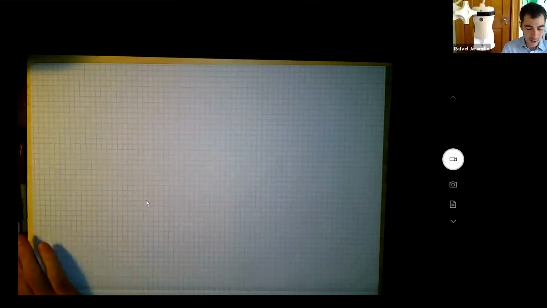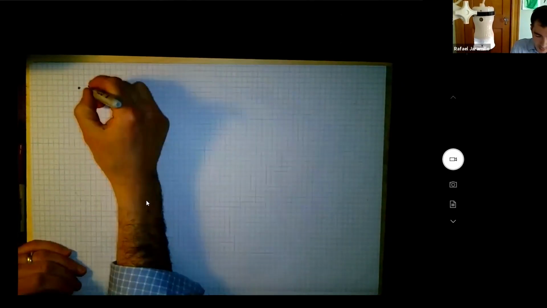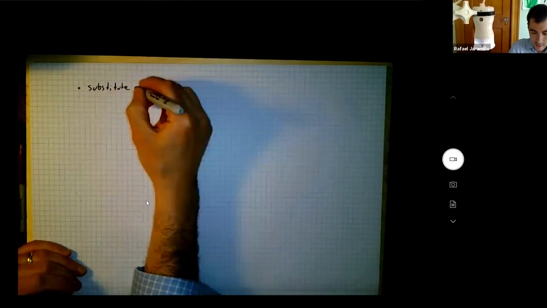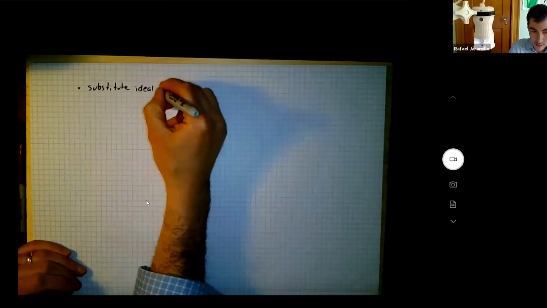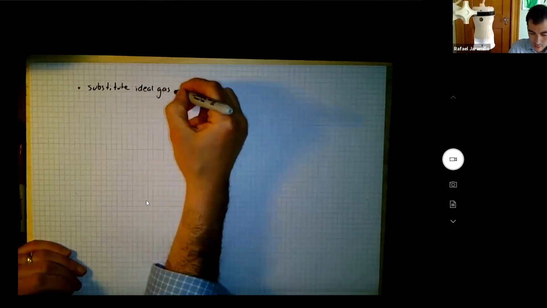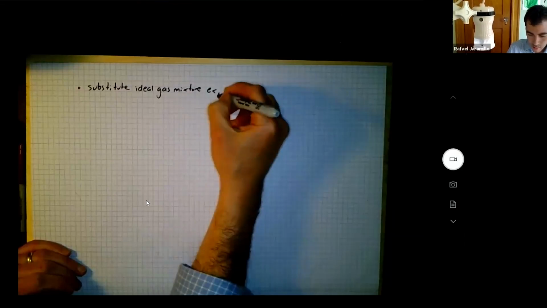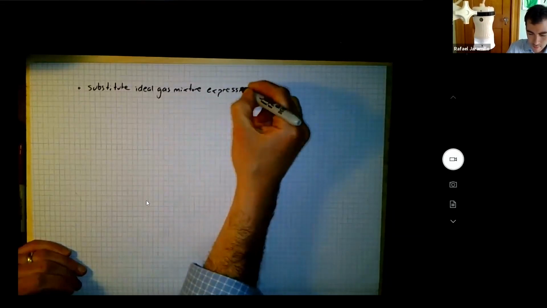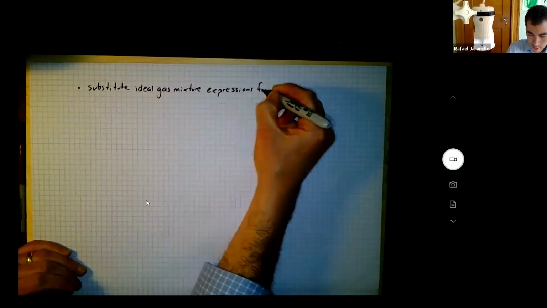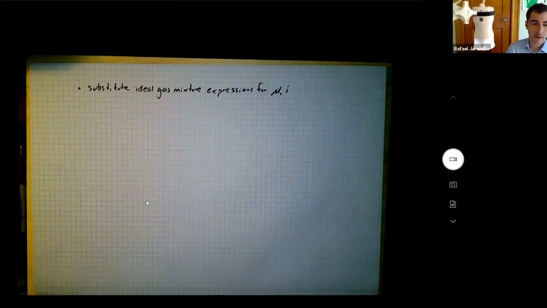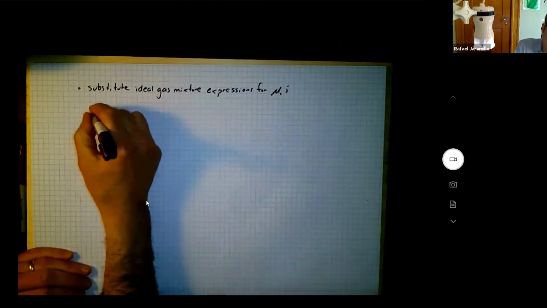All right. Now, fortunately, we have expressions for those chemical potentials. So we're going to substitute ideal gas mixture expressions. This is from last time, for the mu i's. So I'm going to substitute those in.